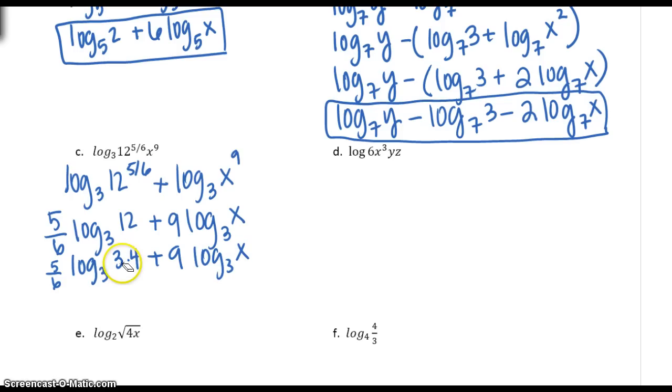Okay, so then with the 3 times 4, couldn't I technically bust that up into addition again? I could. So 5/6, and then let's just get to the point here with this one. This 4 right here, can I just say the 4 is 2 squared? Right there? So I have log base 3 of 3 plus log base 3 of 2 to the 2nd.